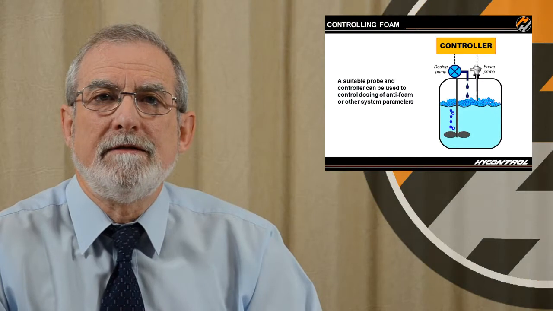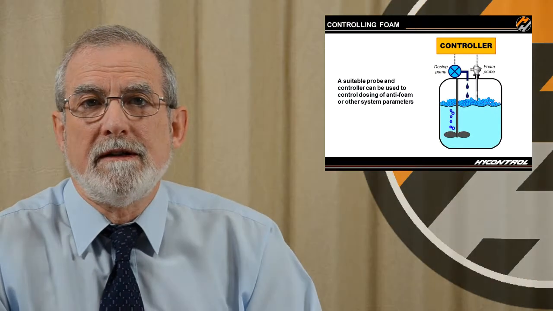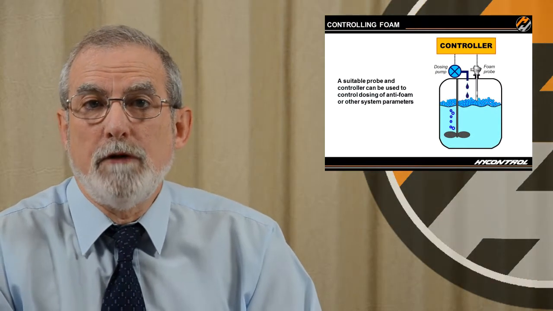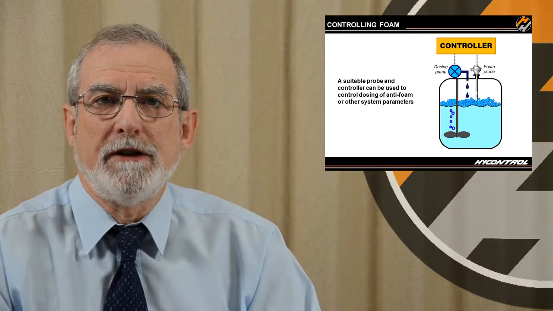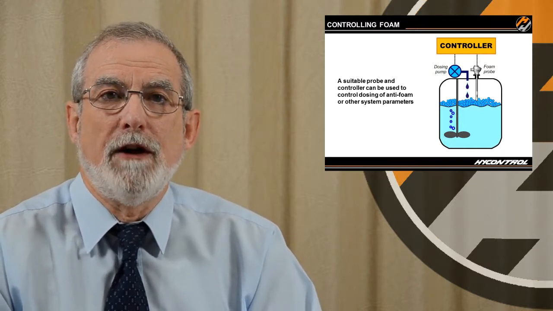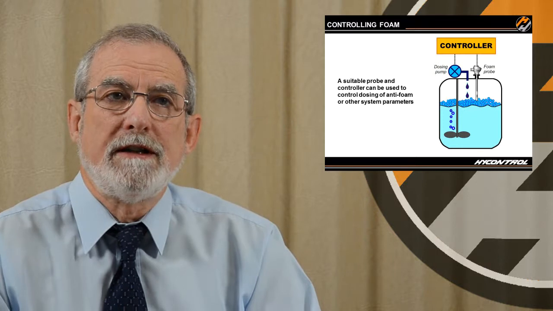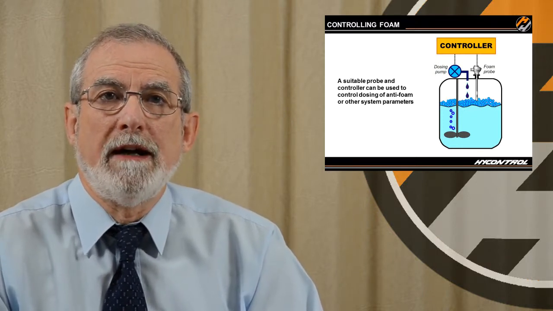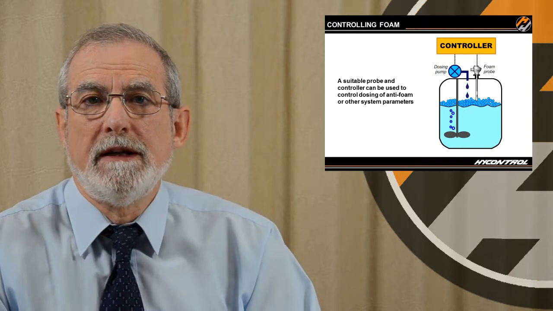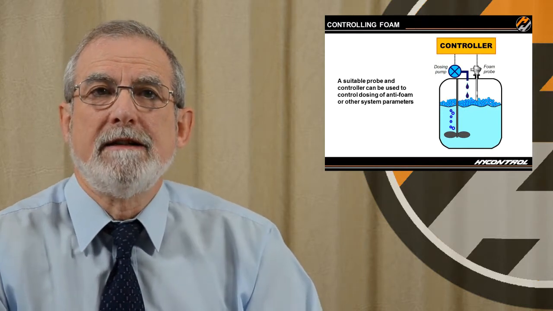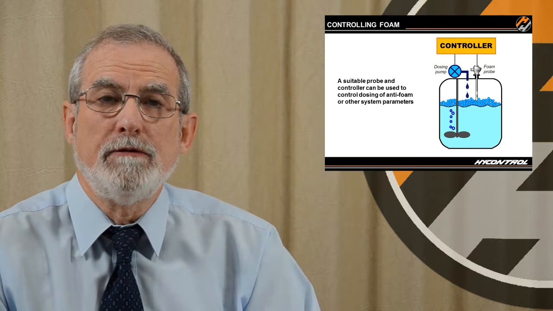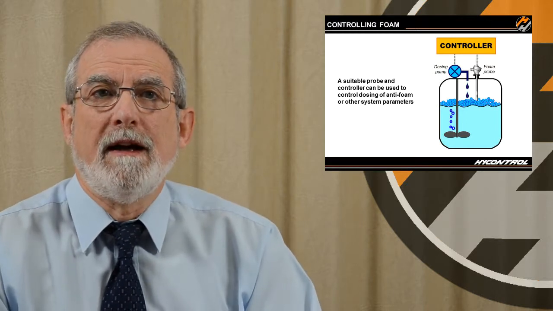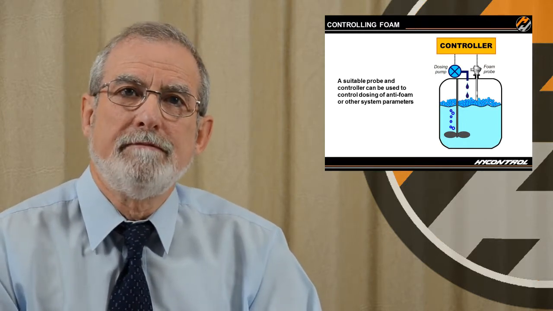I have a sensor or a probe that's in the foam, so we're using that to measure the foam and how it's increasing or reducing. And we might have a dosing pump in which we can add small amounts of chemical to reduce the foam, and the two are connected together by a controller.